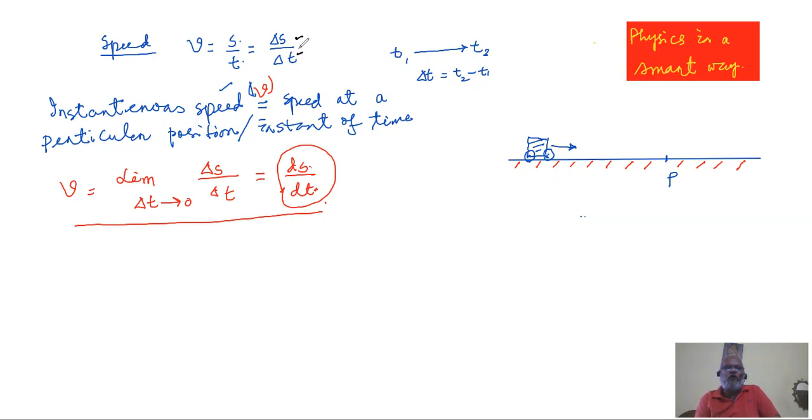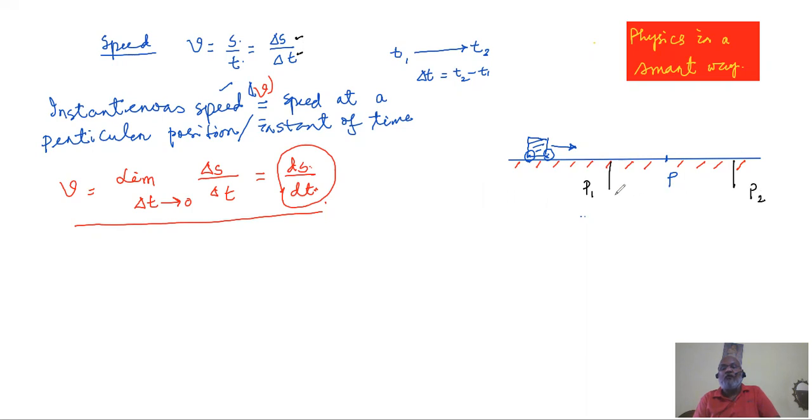So if we temporarily remove that from our mind and think about a practical solution, then if somebody asks you to find the speed at a particular point, the more practical choice you can make is that you consider 2 points in the close neighborhood of that point, one at the front, other at the back.